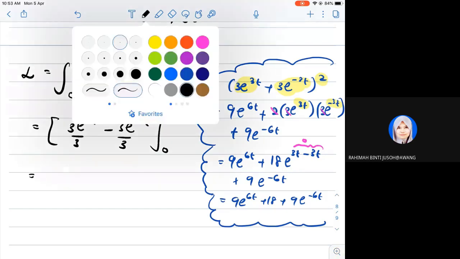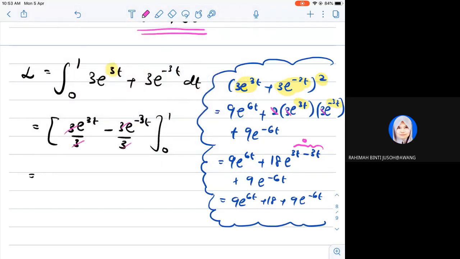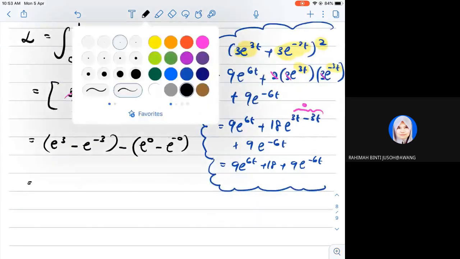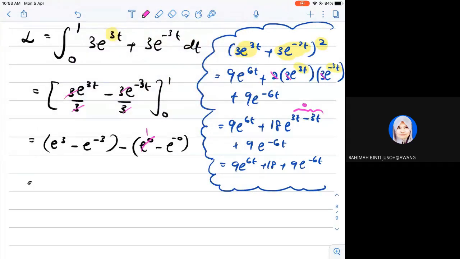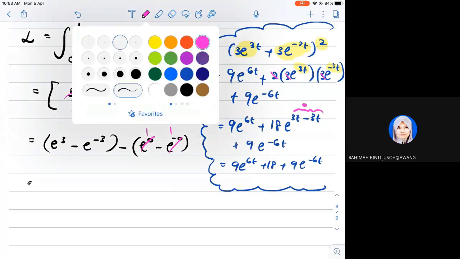So yang ni you can cancel of course. Ni cancel juga. Okay. So we will have exponent 3 minus exponent negative 3. Tolak eksponen 0 minus eksponen negatif 0. So of course yang ni equals to 1, yang ni pun equals to 1 lah, dia tak ada apa.